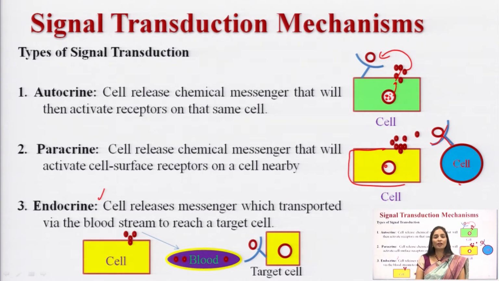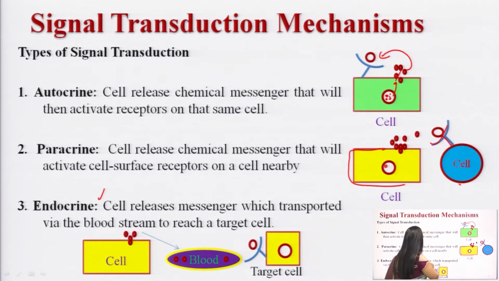And third one is endocrine. What happens here is the chemical messengers are released from the cell and transported by the blood, and they enter the target site, bind to the receptor there, and show their action. Then it is called an endocrine.